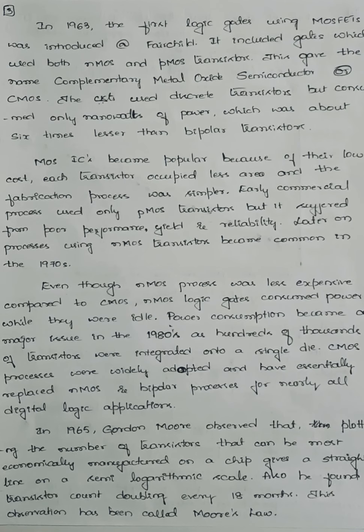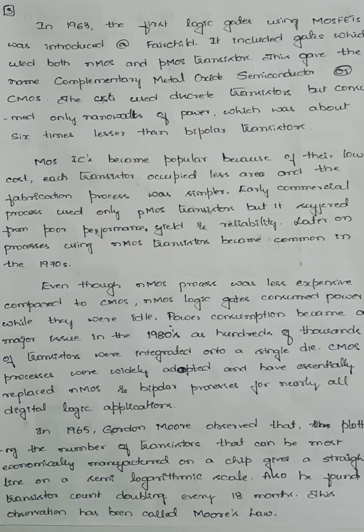In 1963, the first logic gates built using MOSFETs were introduced at Fairchild. They included gates which used both NMOS and PMOS transistors. This gave the name complementary metal oxide semiconductor, or CMOS.